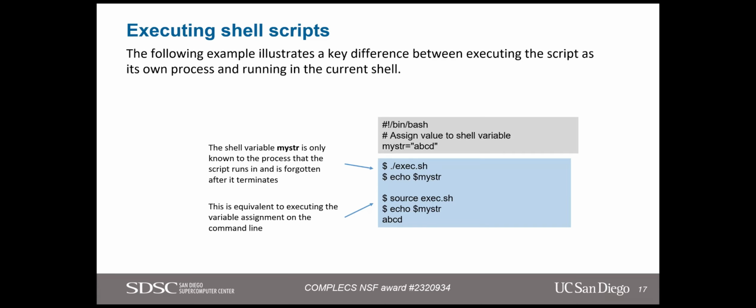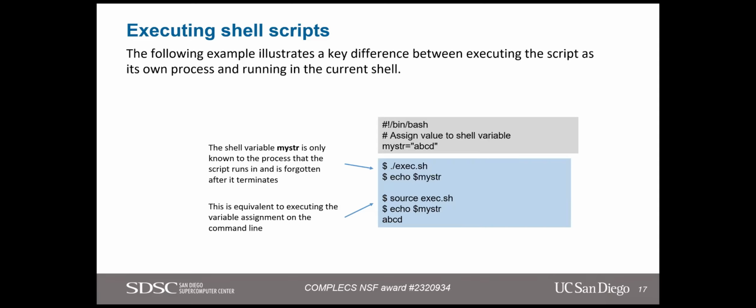When we do the standard way and create a subshell, it means that everything that's run in the subshell is going to stay in the subshell and won't bleed out back into your parent shell.